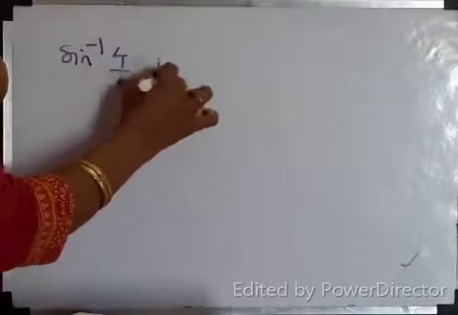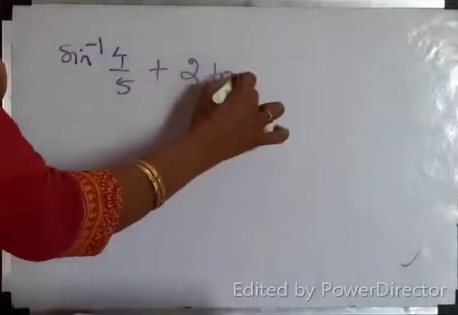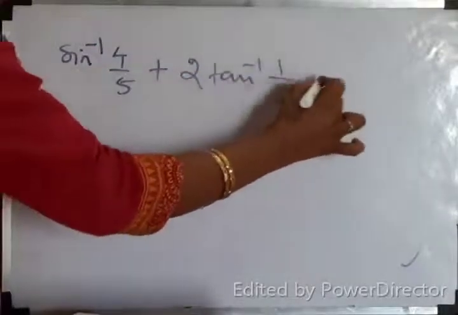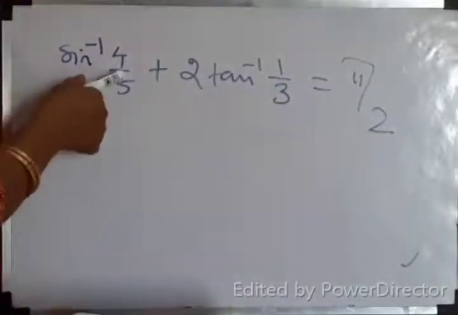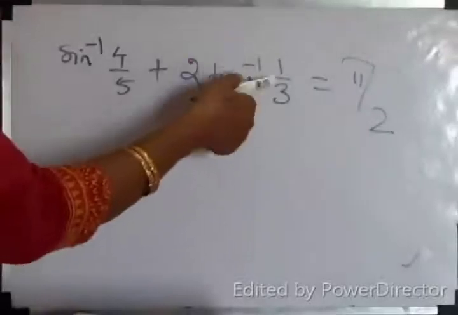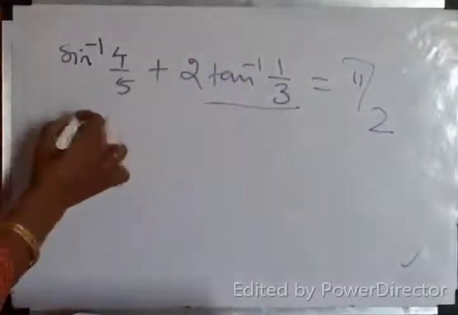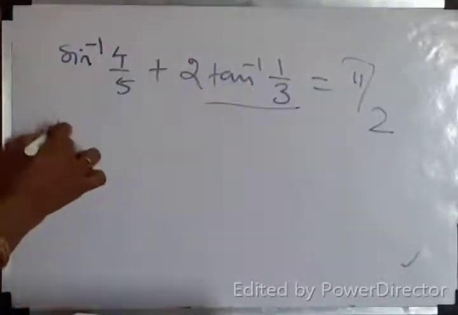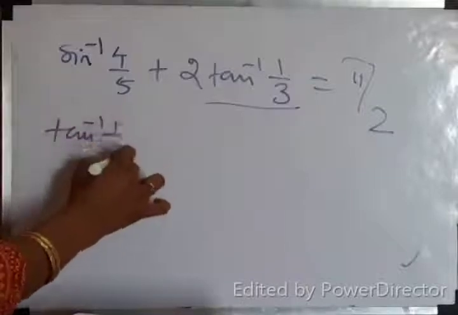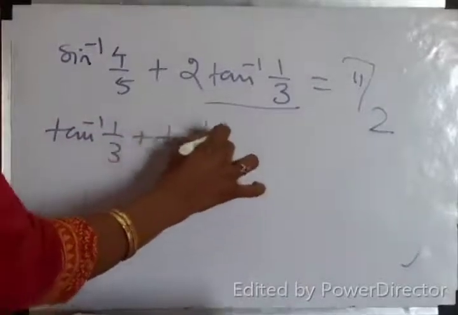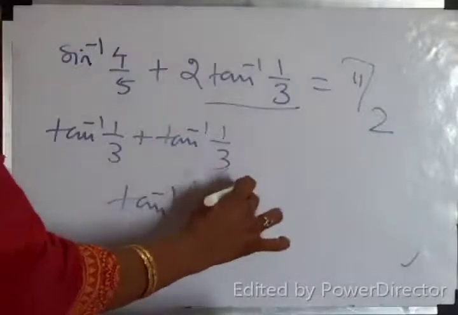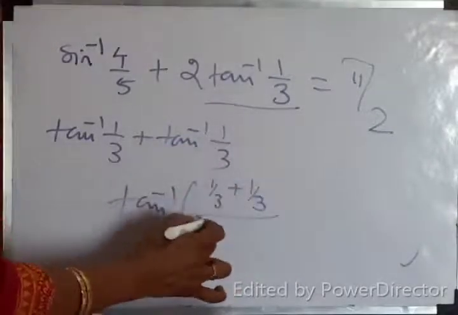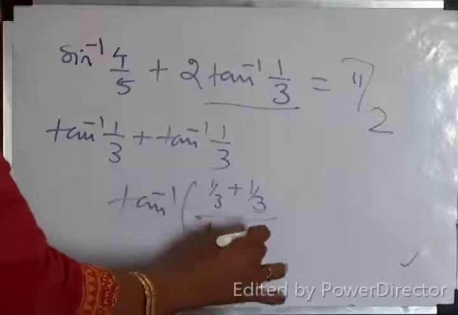Sine inverse 4 by 5 plus 2 tan inverse 1 by 3 equal to pi by 2. First you simplify 2 tan inverse 1 by 3, which is tan inverse 1 by 3 plus tan inverse 1 by 3, equal to tan inverse of (1 by 3 plus 1 by 3) by (1 minus 1 by 3 into 1 by 3).